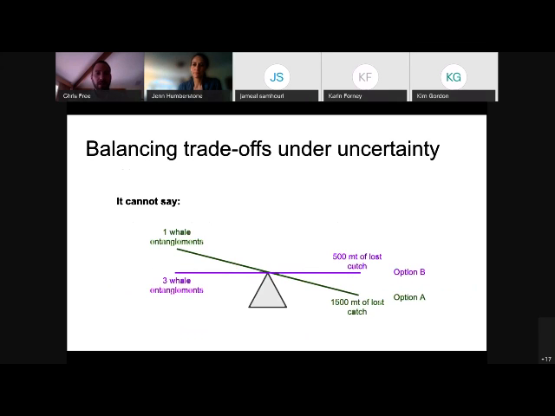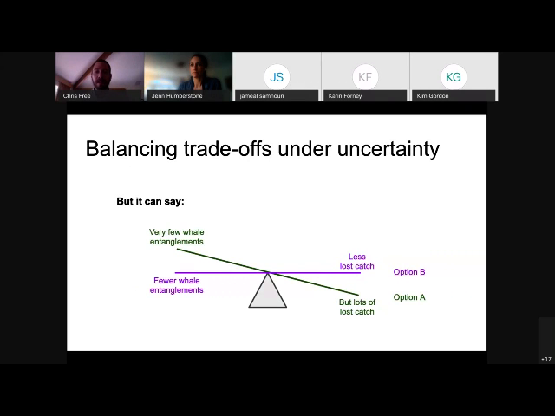I just wanted to introduce what the results of our simulation can and cannot say. So it cannot perfectly quantify exactly how many whale entanglements would result from a particular strategy, or how much lost catch would result from a different strategy. But it does become a platform for comparing the relative performance of different strategies.